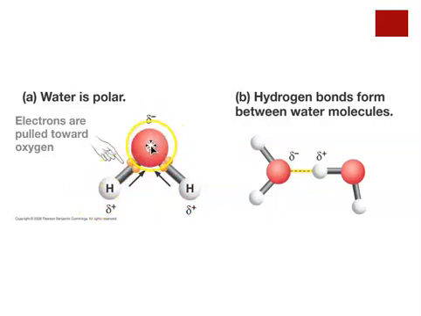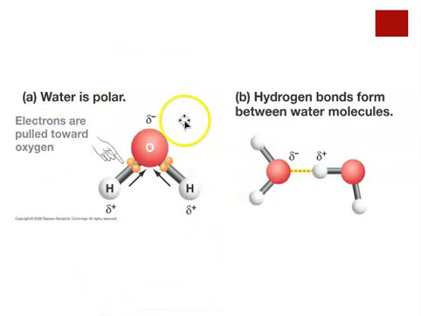The oxygen has a higher electronegativity than the hydrogen, so it pulls the electrons closer to it, and that creates partial charges. The oxygen becomes partially negative because it's close to those negatively charged electrons. The hydrogens become partially positive because they have lost their closeness to those negative electrons.